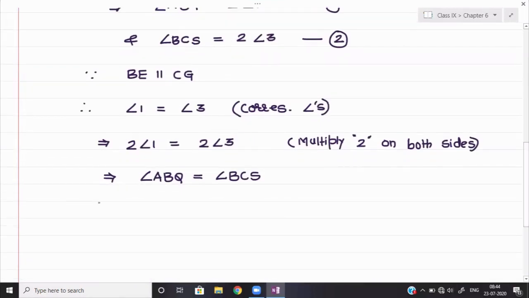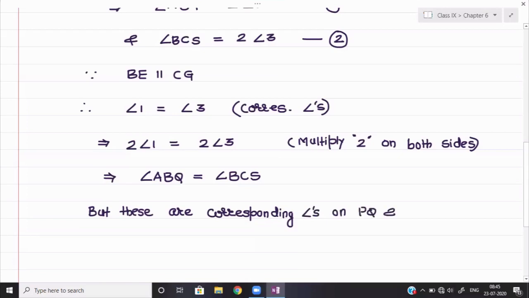We'll write down here, these are corresponding angles on PQ and RS. Okay, so we can say that since corresponding angles are equal, therefore PQ is parallel to RS, right? This only was required to be proved in the question.